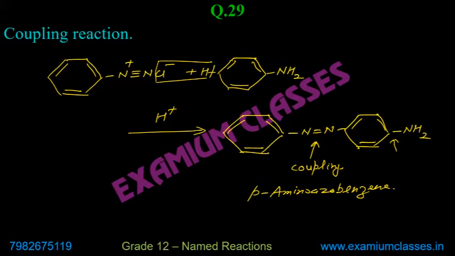This is again a dye, similar to para hydroxyazobenzene. This is also a dye. Coupling reaction, remember, we are talking about azo. Okay? Azo group is there.